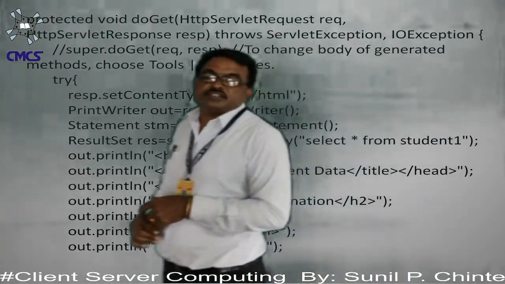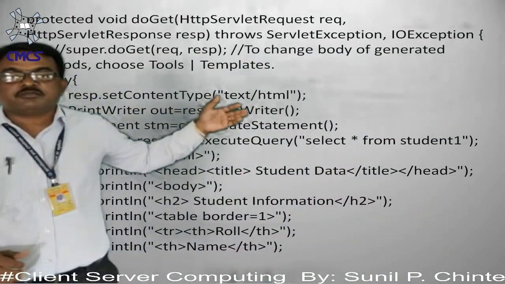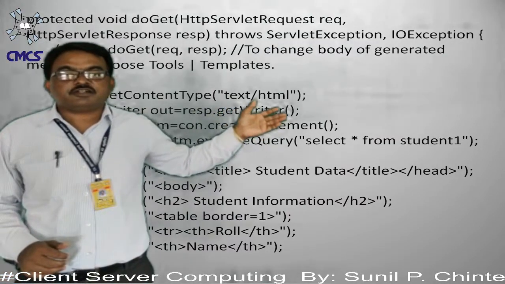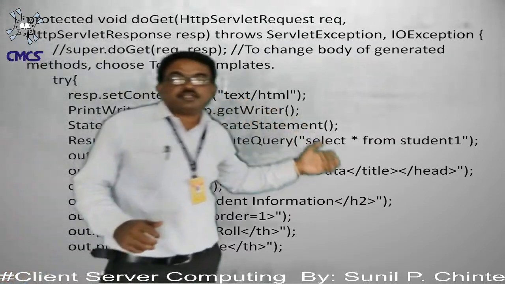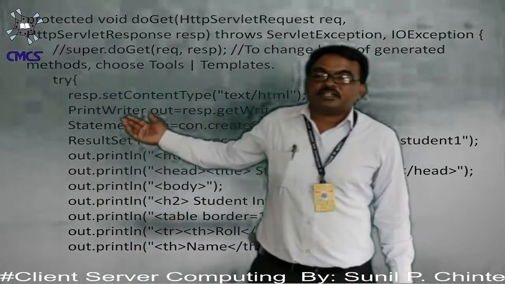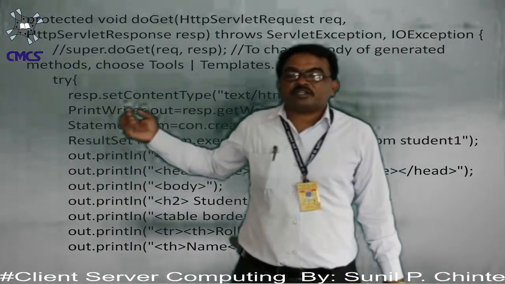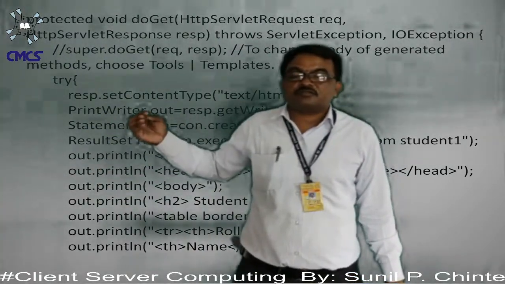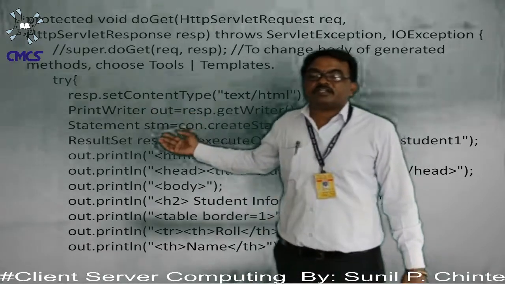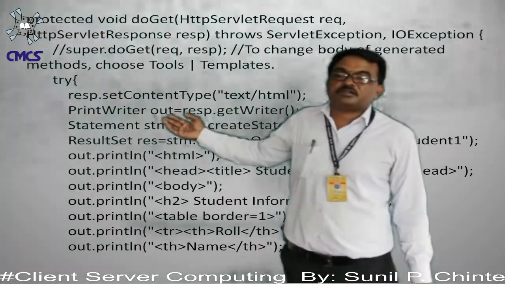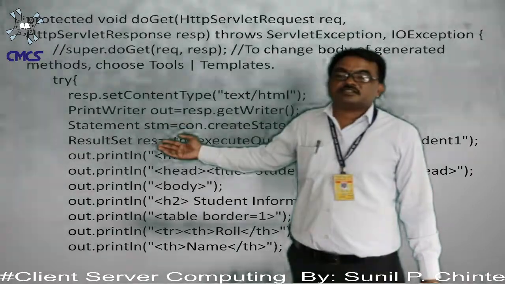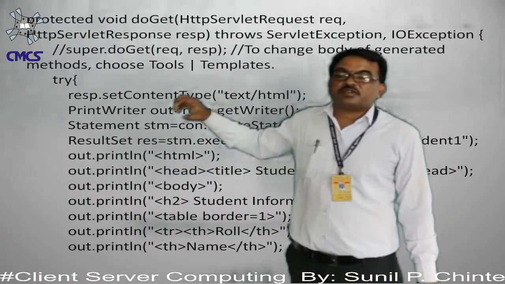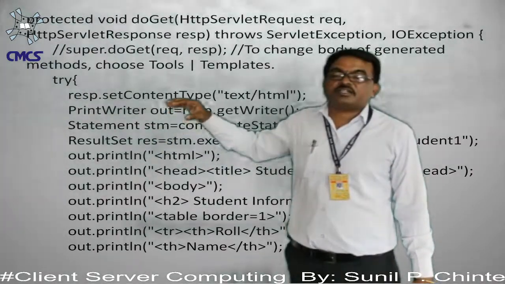Here we are using the setContentType method to set the content type. Then we are creating the PrintWriter object of the PrintWriter class, which I already discussed. It is used to write the content or text.